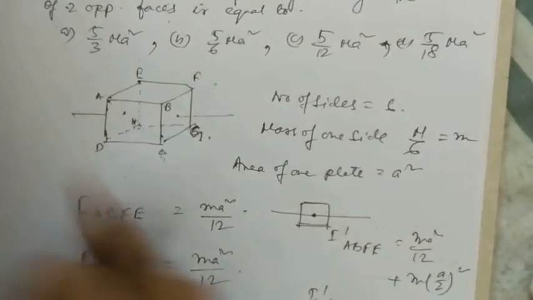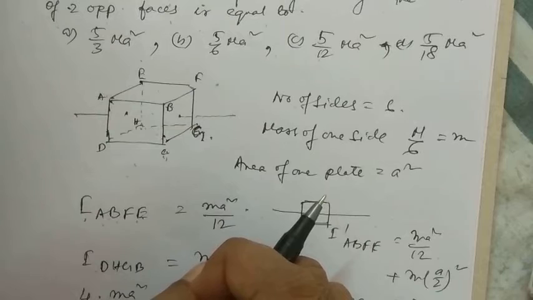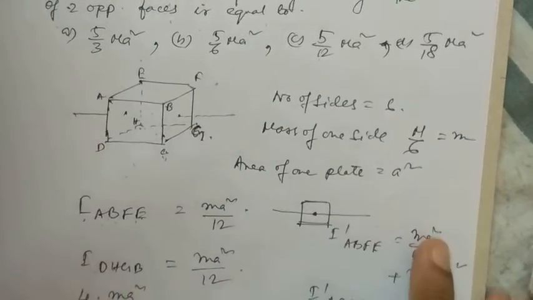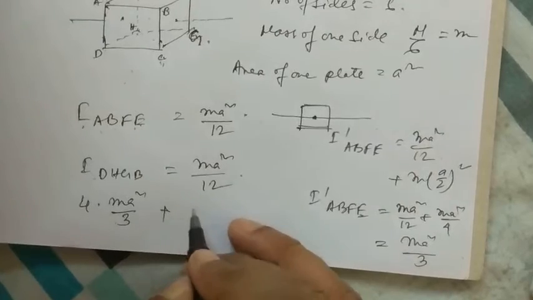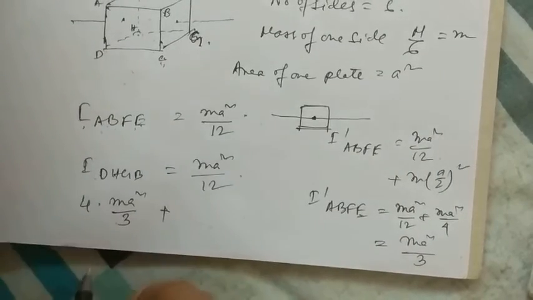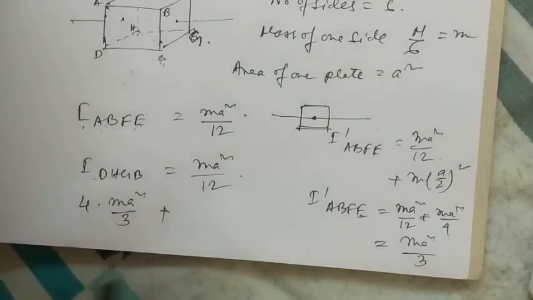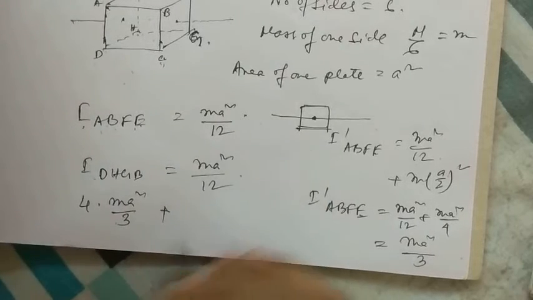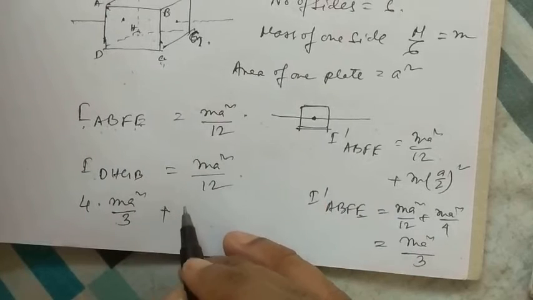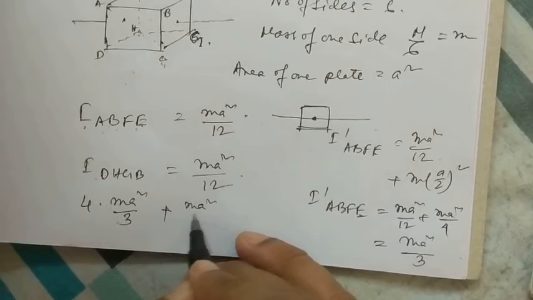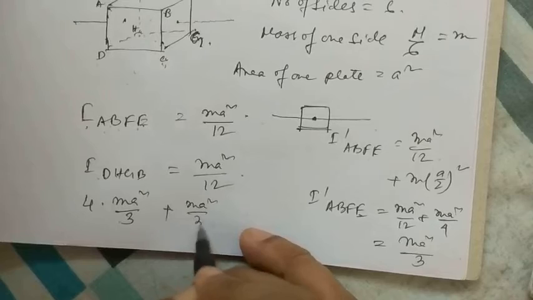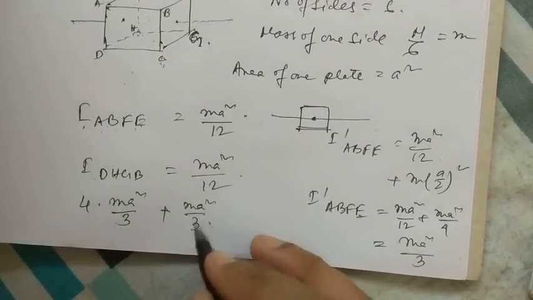And for the rest two sides, in which the axis is perpendicular and penetrating through the center of the plate, we know the moment of inertia of a rectangular or square lamina when the axis is perpendicular to its plane and passes through the center of the lamina. The value is ma square by 3, I suppose. Ma square by 6, sorry.